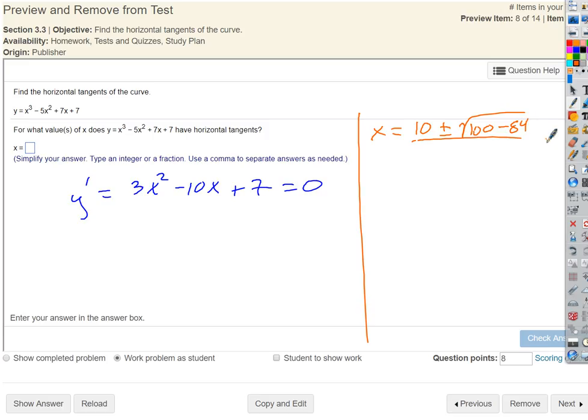All over 2 times 3, so over 6. That's going to give us 10 plus or minus the square root of 16, which is 4. And then we just split this into the plus and the minus. So we're going to get 14 over 6, which is 7/3.